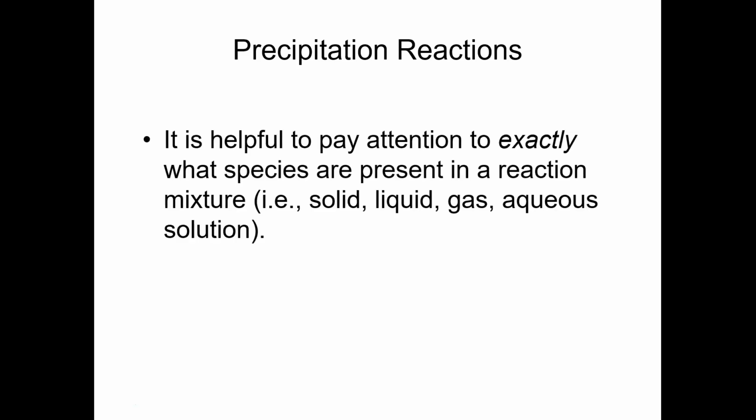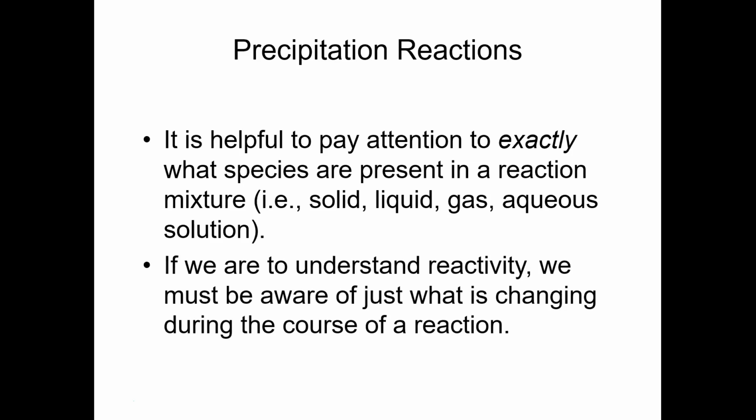Okay, let's talk about some things we can do when it comes to looking at a precipitation reaction and finding out what's actually happening. It's helpful to pay attention to what species are present in the reaction mixture, that is, whether they're solids, liquids, or aqueous solutions.